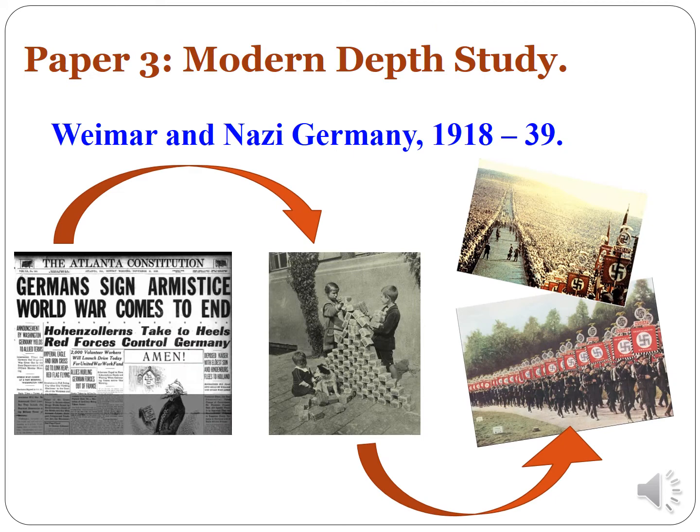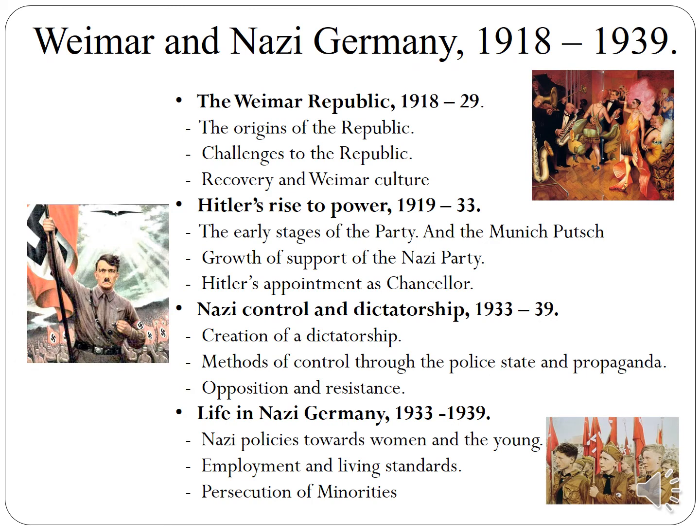The final topic that we cover at GCSE is the modern depth study, where we look at Weimar and Nazi Germany. Although you have covered parts to do with Weimar and Nazi Germany during Year 9, we take a much more detailed approach at GCSE, and we cover the development and problems of the Weimar period, and then look at how and why it collapsed.